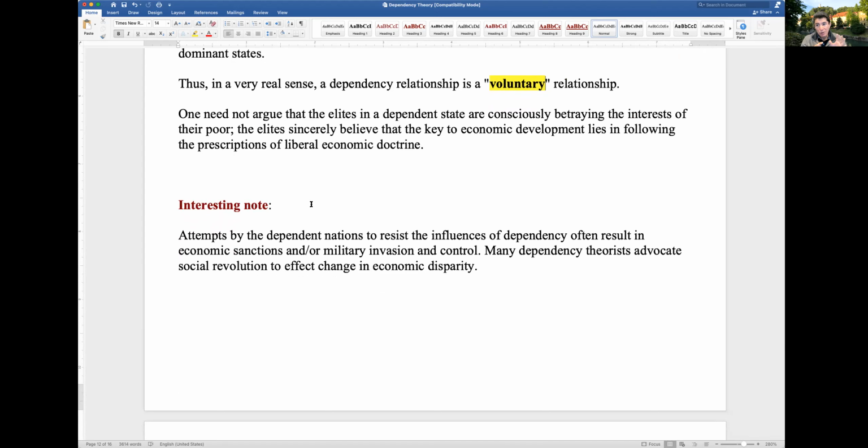And this behavior normally results in economic sanctions. So rich nations can impose sanctions: don't sell medicine to these countries, don't sell food to these countries. And in some other cases, military invasion and control. We are going to talk about a few examples later, but I don't want to deviate too much now.